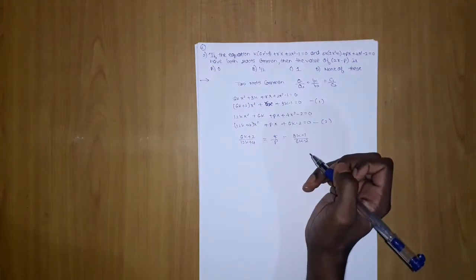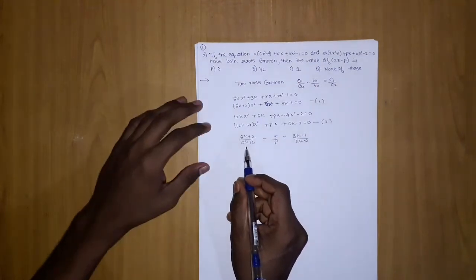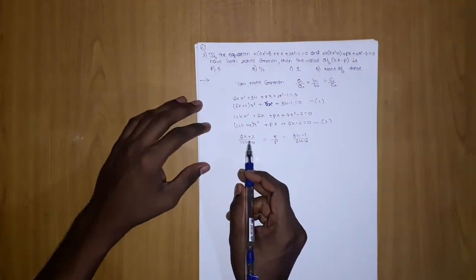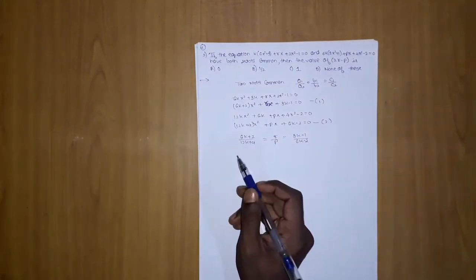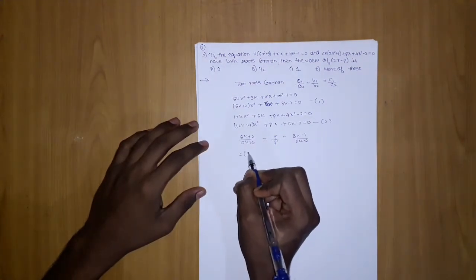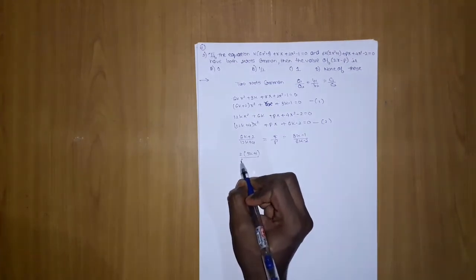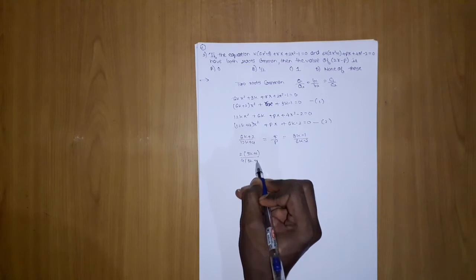Now how can we approach it further? Here if we take 2 common, it will be 3k plus 1, and from here if we take 4 common, it will be 3k plus 1, right?